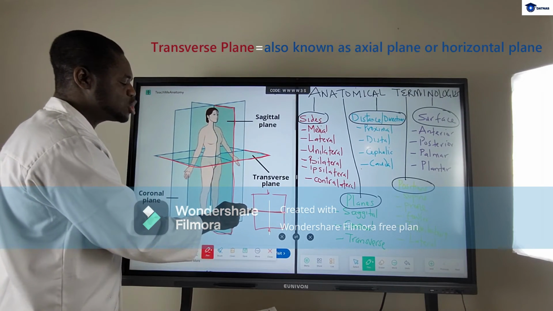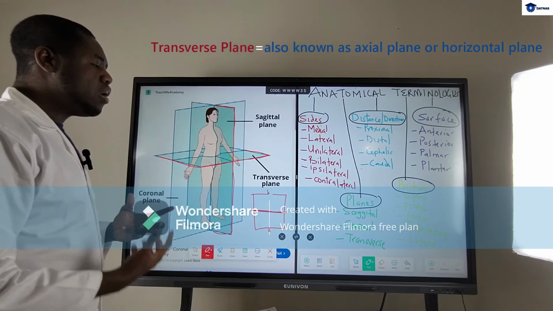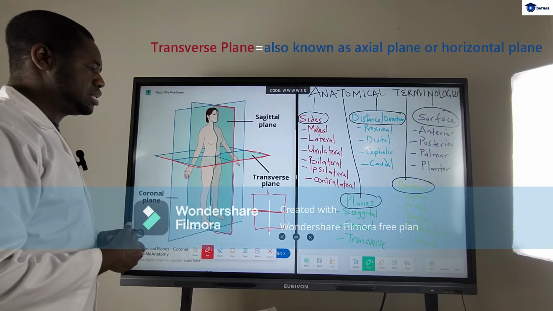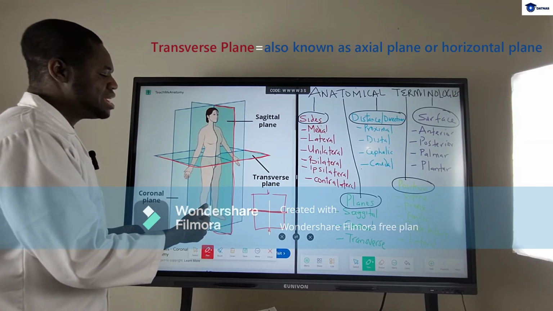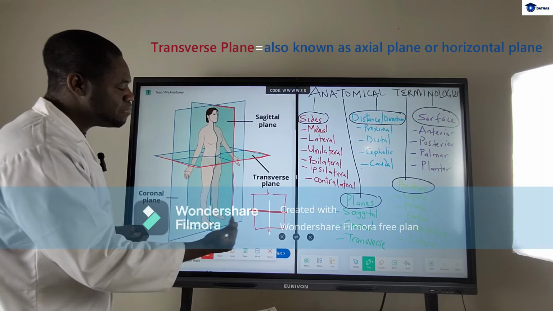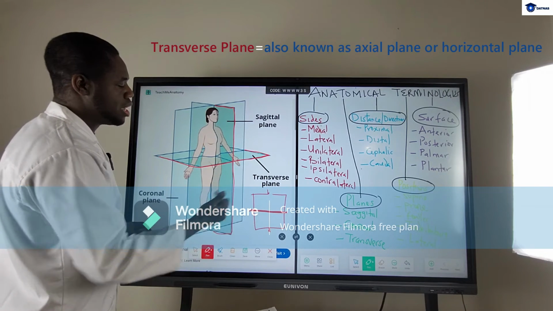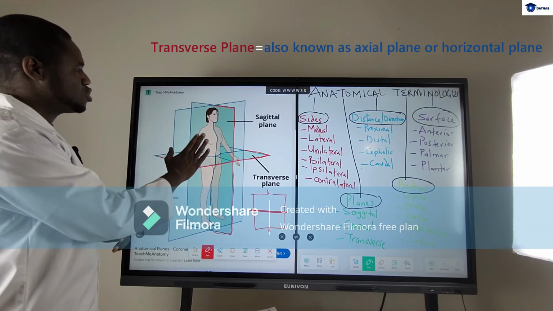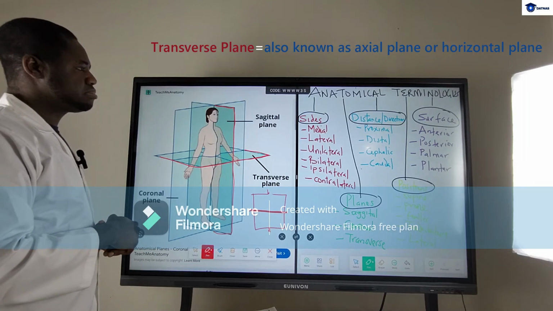Another name for this transverse plane is horizontal plane or axial plane, dividing the body into the upper and the lower parts.